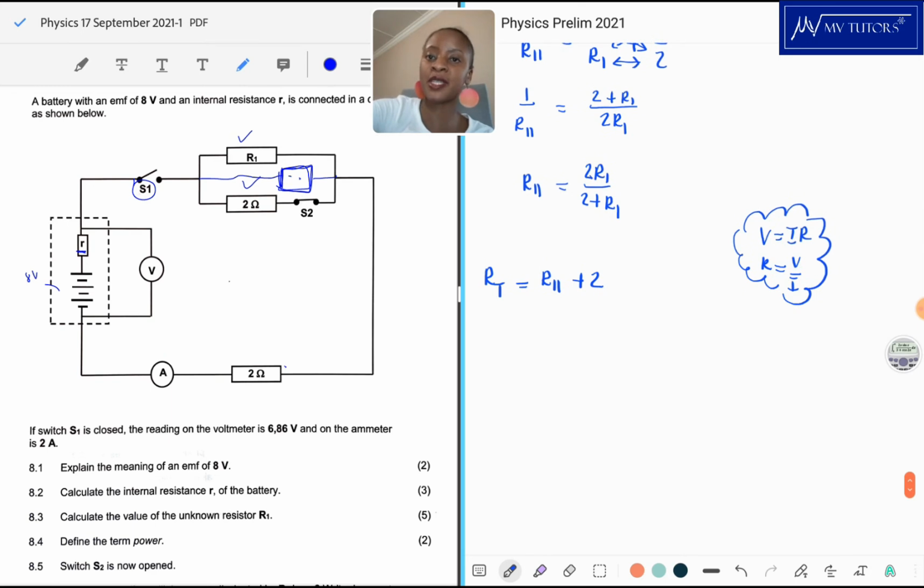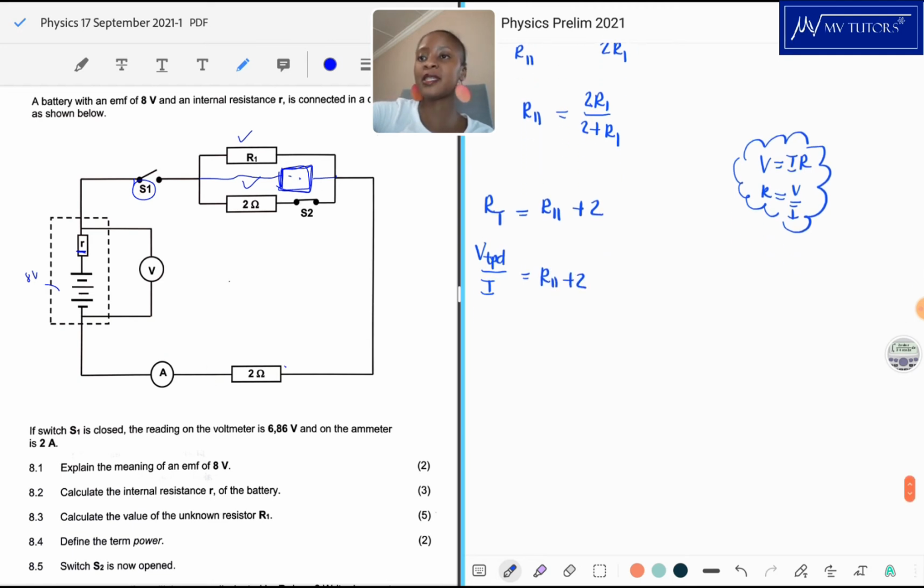So the total resistance would be the terminal potential difference over the current, which is 2, and you have your parallel resistors there, and you are adding it to the one in series. So it's going to be 6,86 over 2, equals 2R1 over 2 plus R1, plus 2.